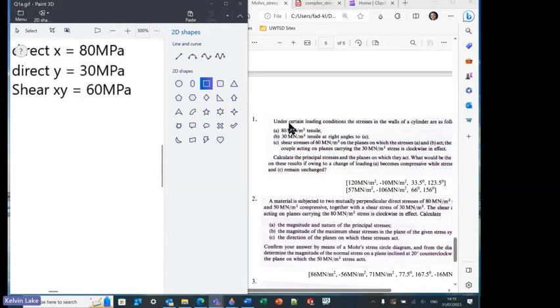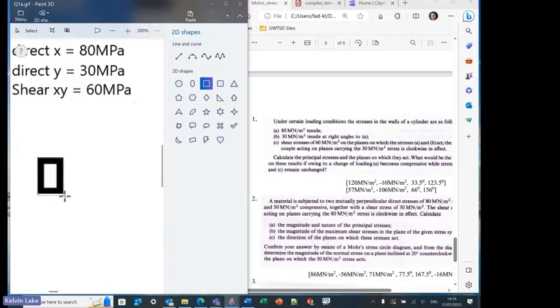So there's question number 1. Under certain loading conditions, the stresses in all of a cylinder are as follows: 80 megapascals in tension. Now I'm going to assume that that is direct stress in the x direction, 80 megapascals in tension. So let me draw that.